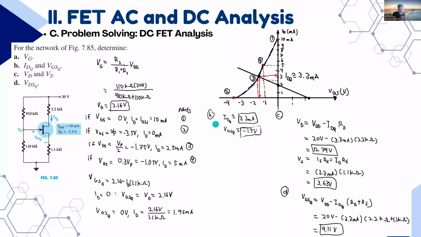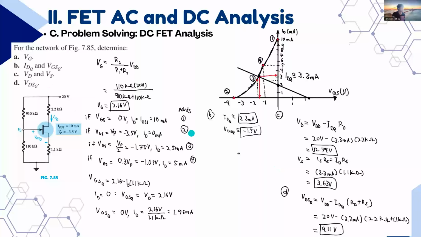Next, VD. So we have VG, ID Q, VGSQ. Then we will find VD and VS. How do we get VD? We apply the formula VDD minus IDQ times RD. We apply the values we have obtained and get 12.74 volts.